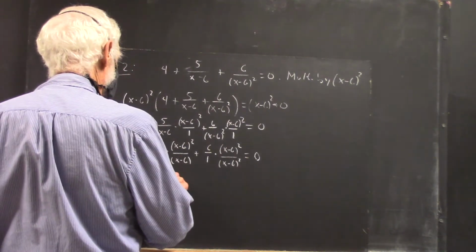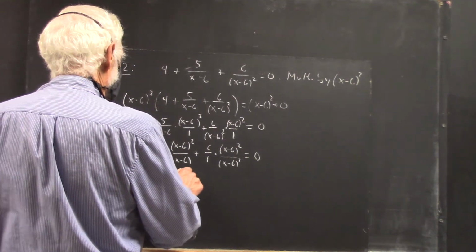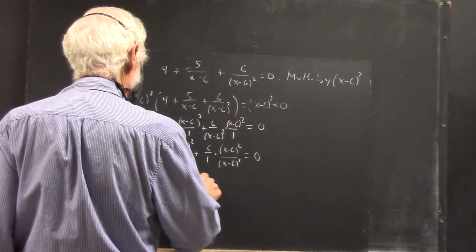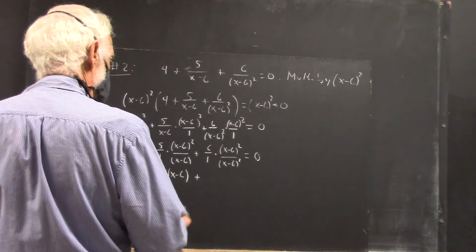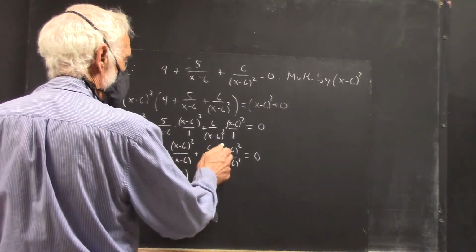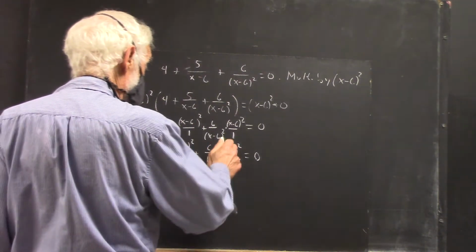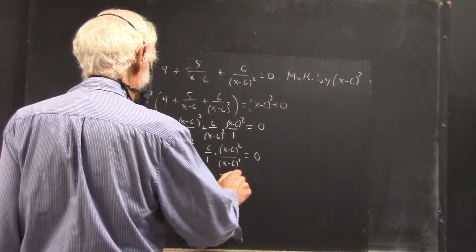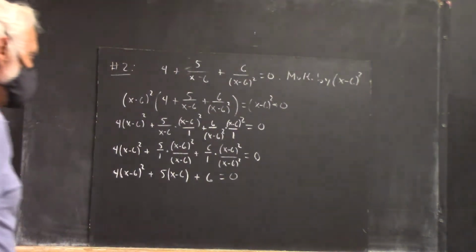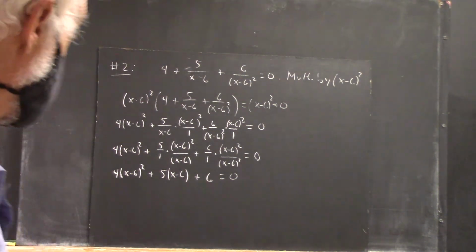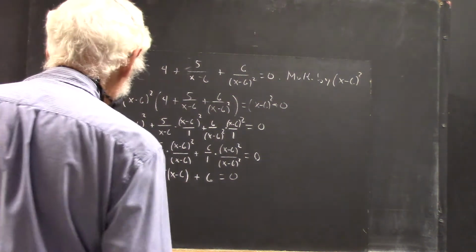So we have 5 times x minus 6, and 6 over 1, of course, is just 6, and this divided by this is a quantity divided by itself. This is just 1, so this is 6. That equals 0. Okay? Now once you've got this, you're pretty much home free.